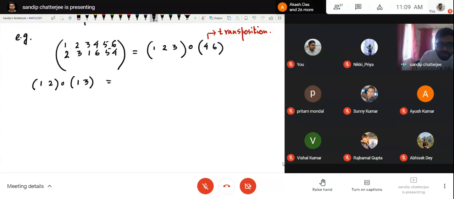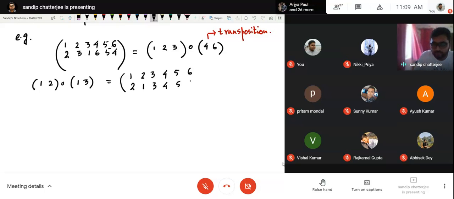If I write 1, 2, then 1 maps to 2, 2 maps to 1, and all other symbols are mapped to themselves: 3 to 3, 4 to 4, 5 to 5, 6 to 6. Similarly, 1, 3 means 1 maps to 3, 3 maps to 1, and all others map to themselves.